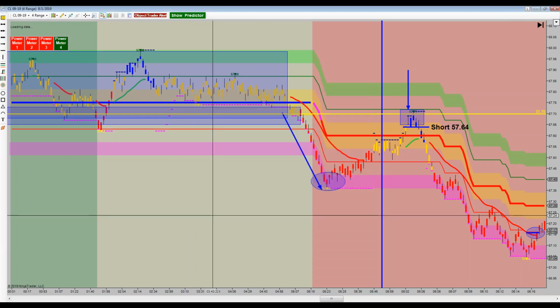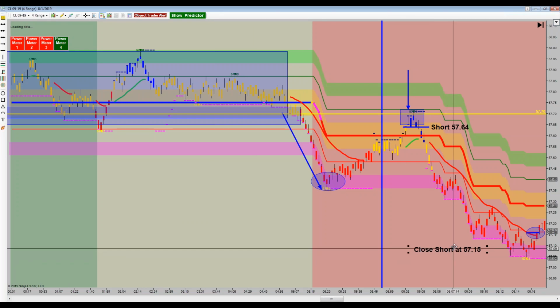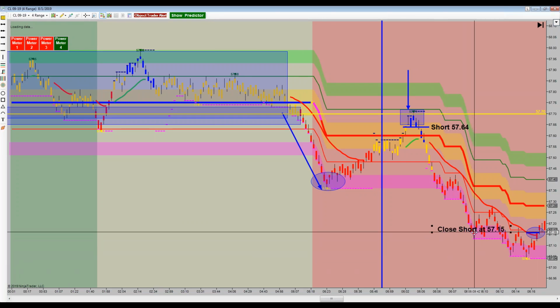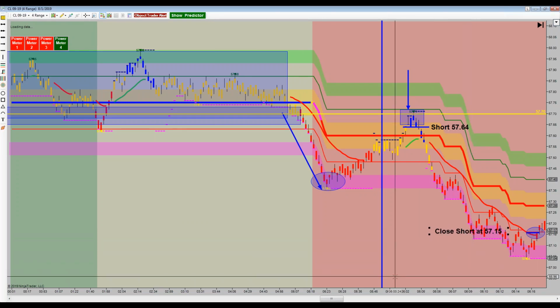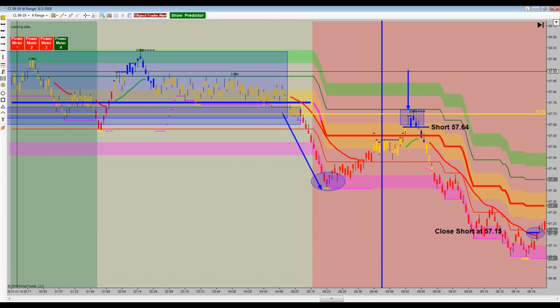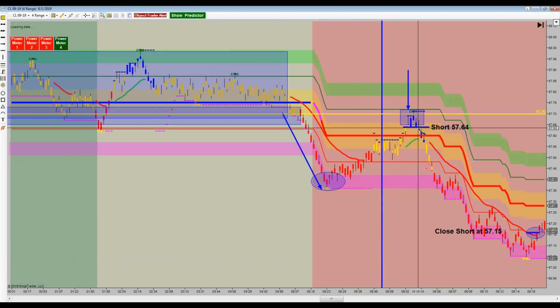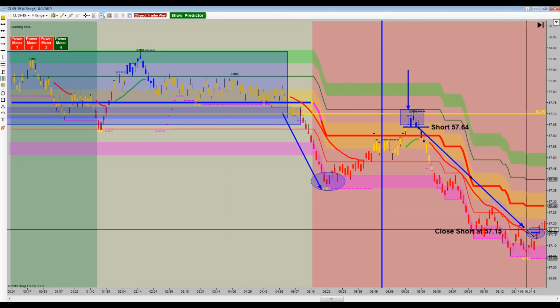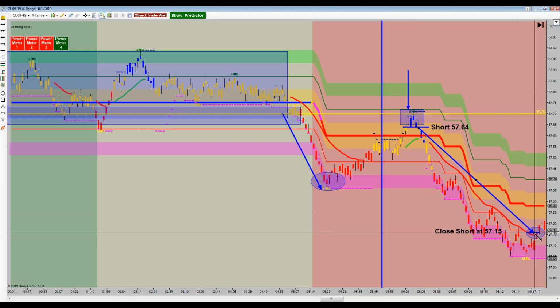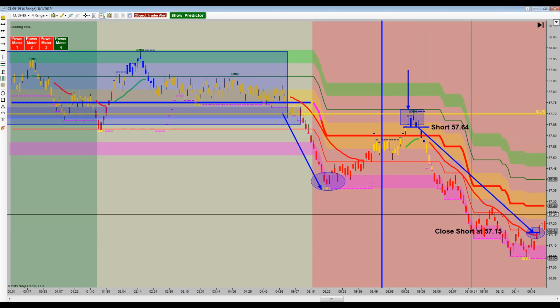How much money did this trade make? Well, let's do some math. Filled short here, and you got out right there. Well, I don't know about you, but that looks like 1 tick shy of 50 ticks.